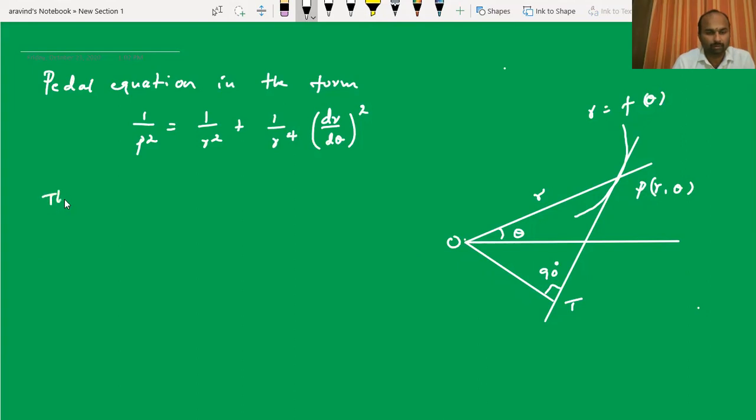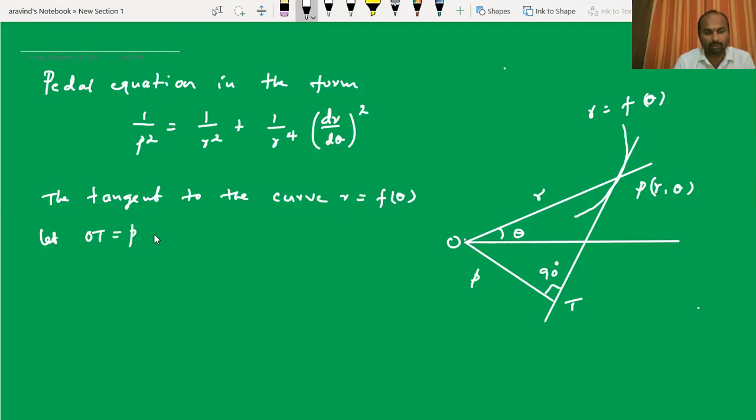So the tangent to the curve r equals f of theta, and this distance OT, let OT equal p.